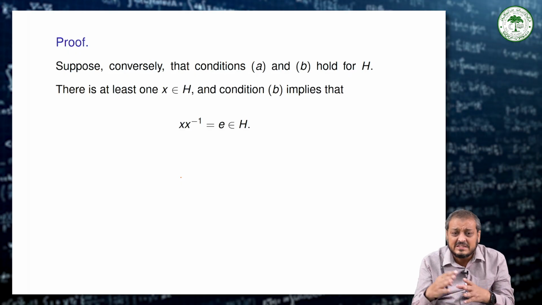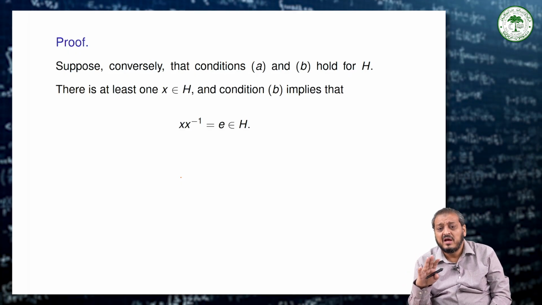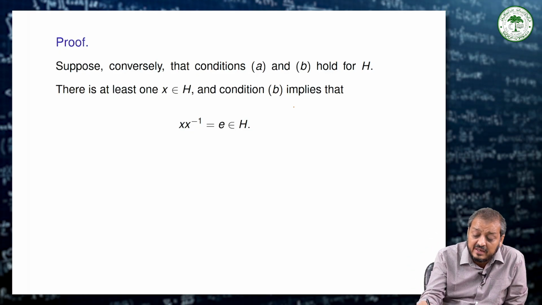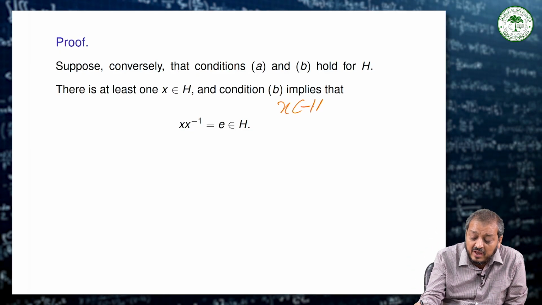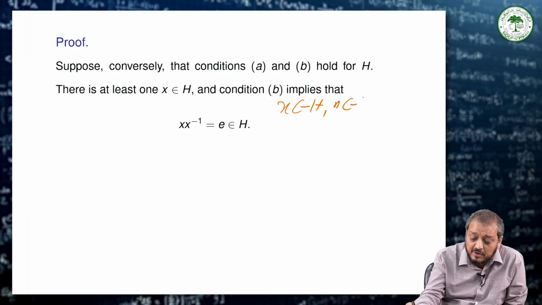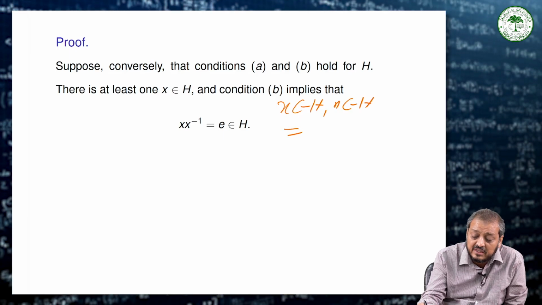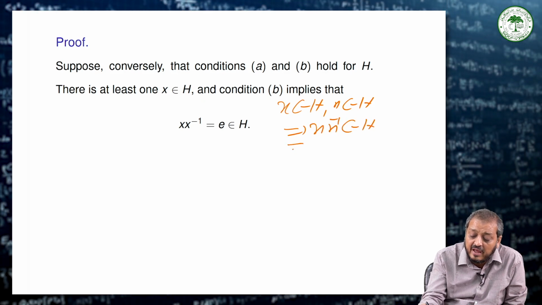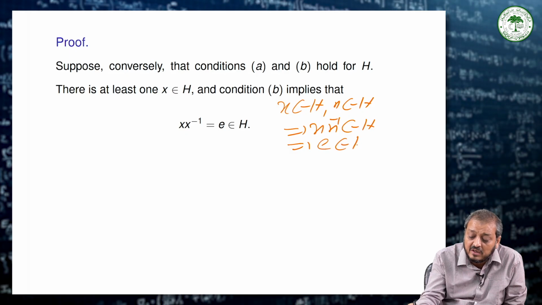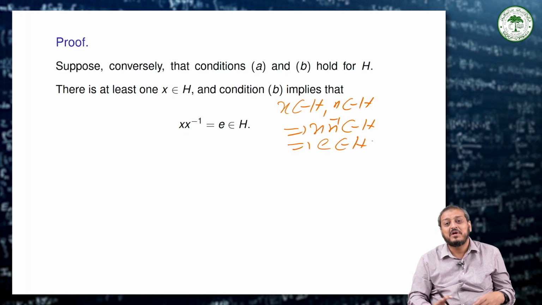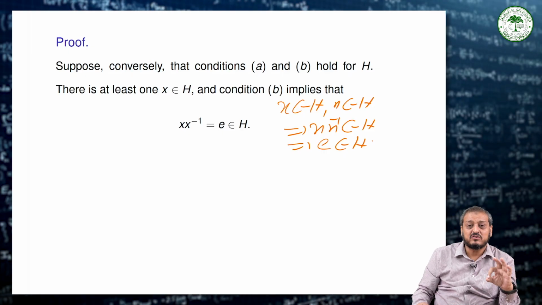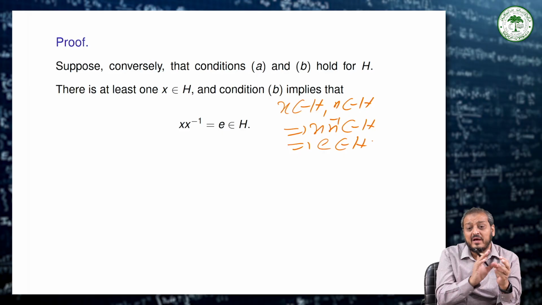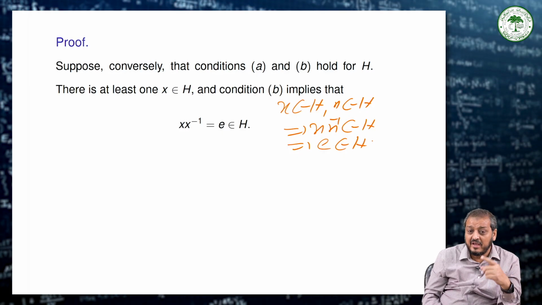So let at least one x belong to H. Then condition B is saying that if x is an element of H, then x x inverse is an element of H, and x x inverse is equal to the identity. So the identity is an element of H. We can clearly say that if at least one element belongs to H, because H is non-empty, then A and B are satisfied.